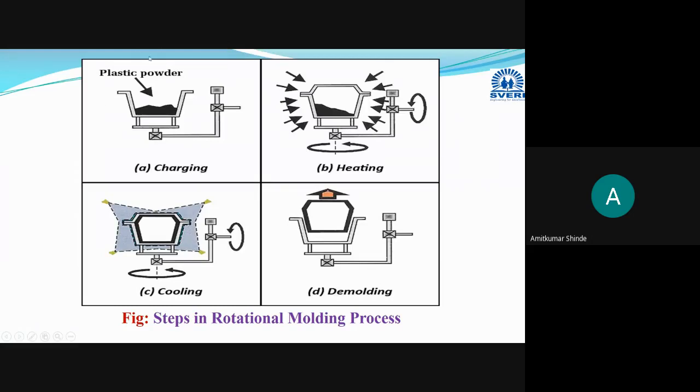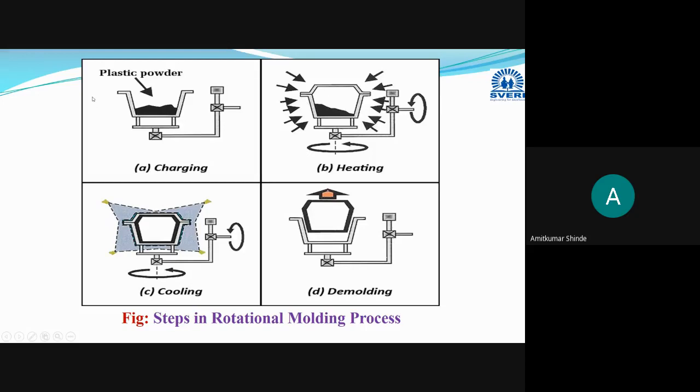Then it is closed. This mold cavity is closed. Okay, depending on the final shape we require for that product, depending on that only we have to choose the design of this mold cavity. Okay, whichever final shape you want, that shape you have to give to this mold cavity.